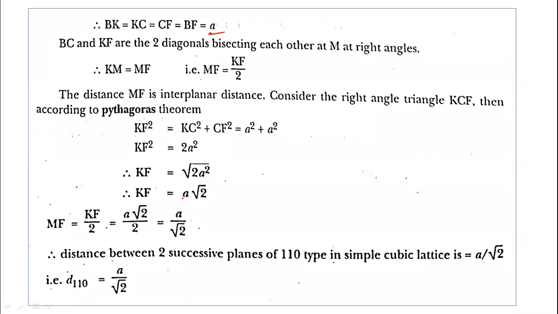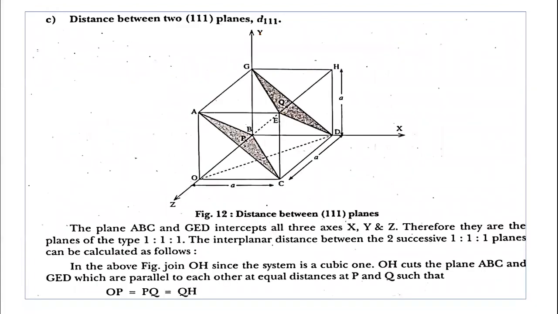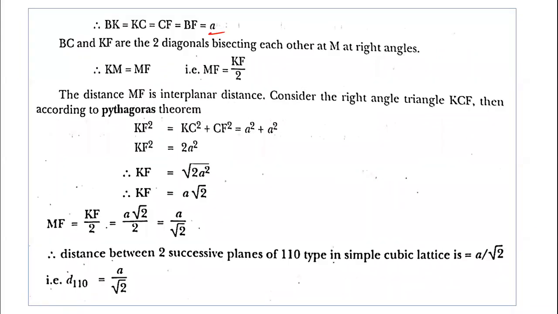BC and KF are the two diagonals bisecting each other at M at right angles. You can see some geometrical understanding is required here.